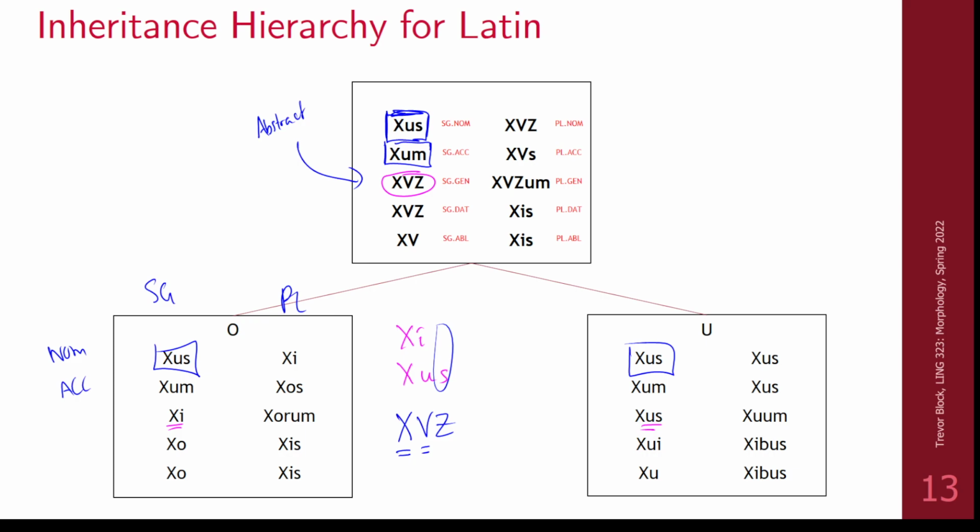The other thing I want to point out is this case: the fact that you went from XIS to XIBUS. This is something that comes from the textbook. Sometimes when you add in a suffix, in this case a suffix like ib, they just don't put a variable there. However, it would be totally fine to look at it as something like, okay, we have XIS in one case, we have XI, BUS in another case.